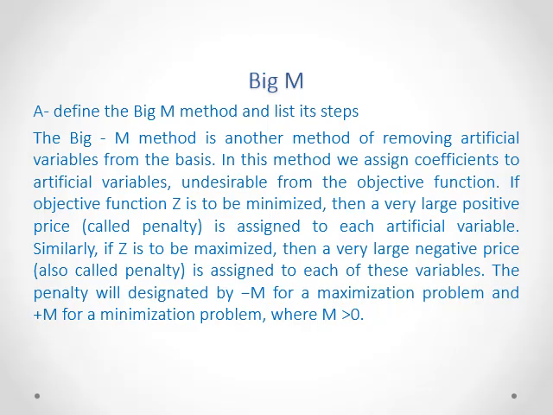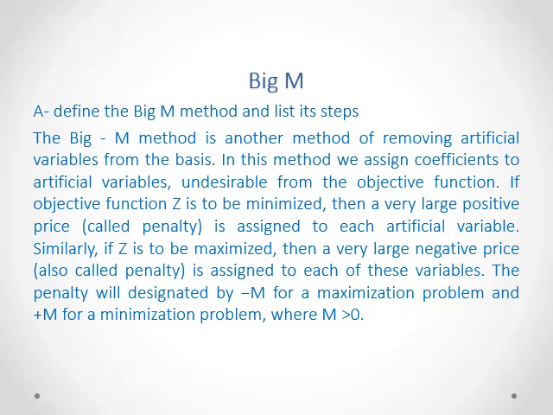In this case, s will be negative, less than 0. So to compensate the negativity of a slack variable, we have to add the artificial variable a. Number 1. Okay.